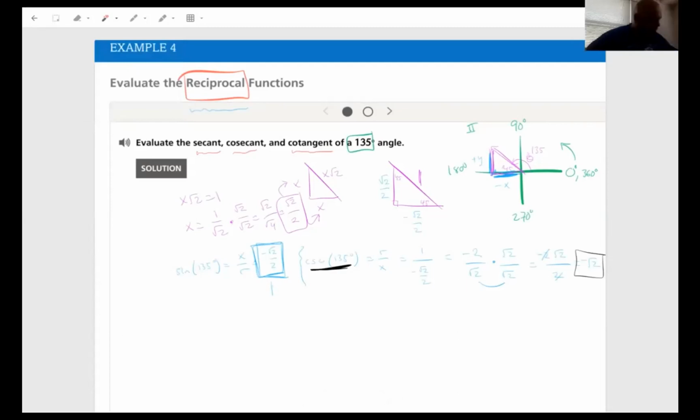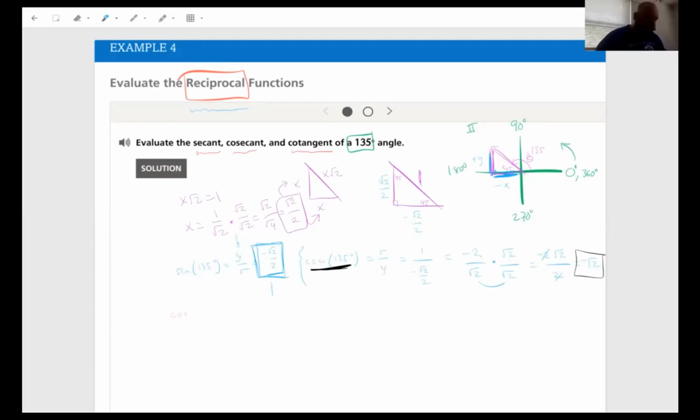I just totally messed this up. I wonder if any of you guys caught it. Sine, I just said, was x over r. Sine's not x over r, sine's y over r. Bunch of mistakes in here.